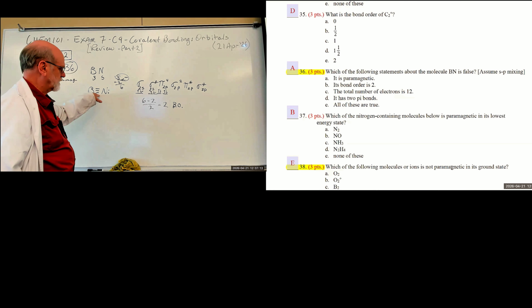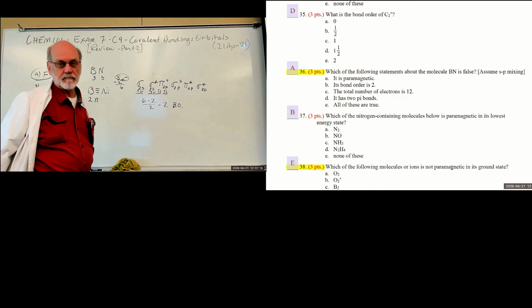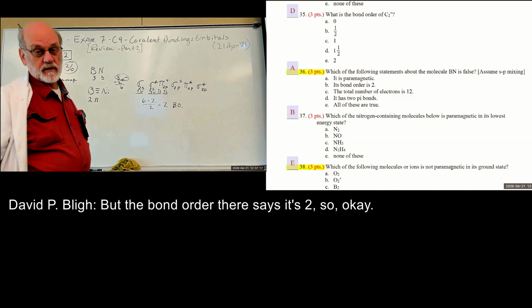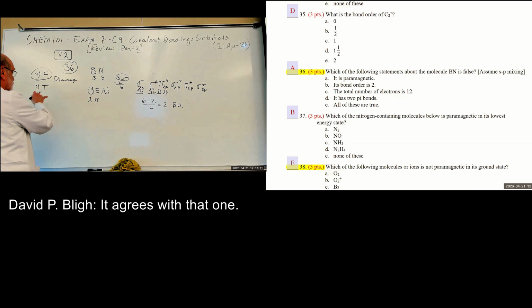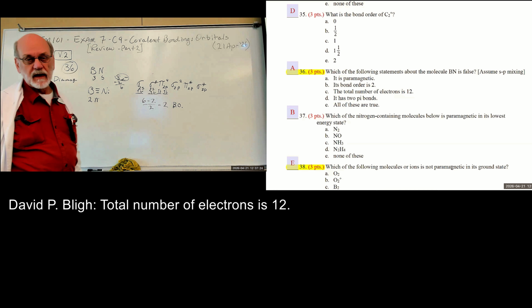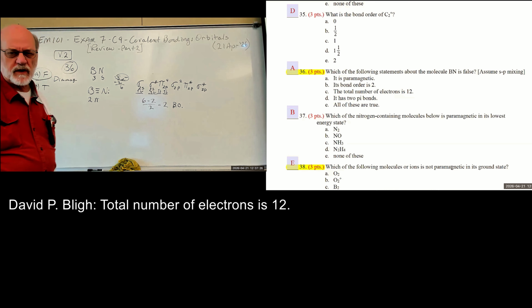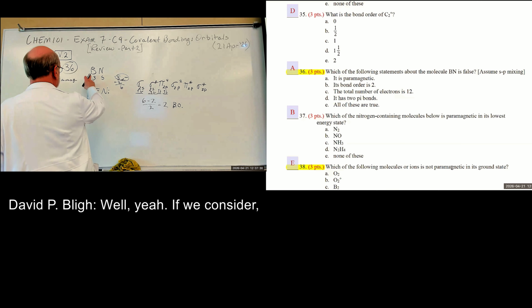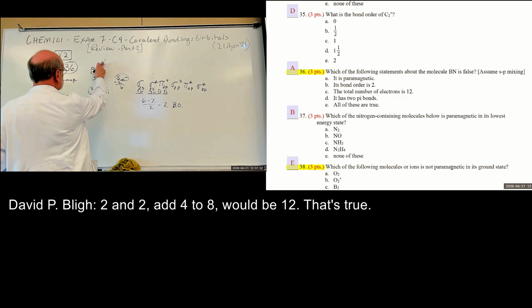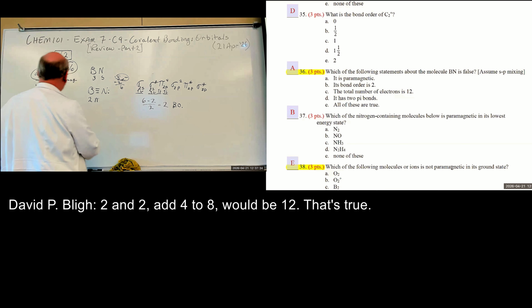And this says it has 3. But the bond order there, it says it's 2, so okay. It agrees with that one. Total number of electrons is 12. Well, yeah. If we consider 2 and 2, add 4 to 8 would be 12. That's true.